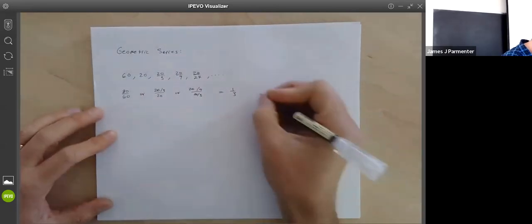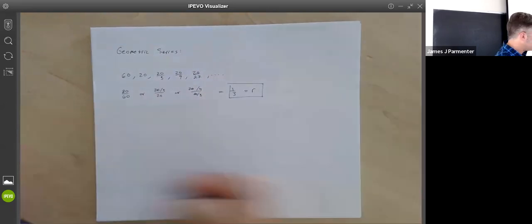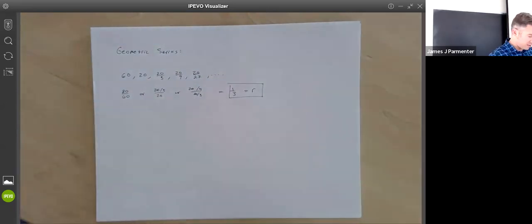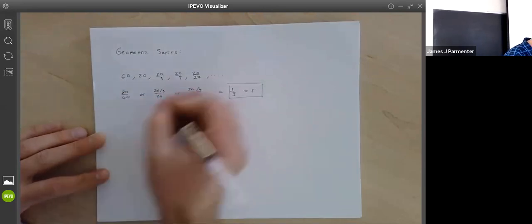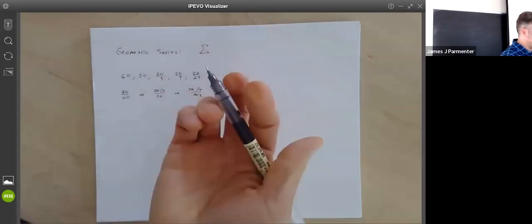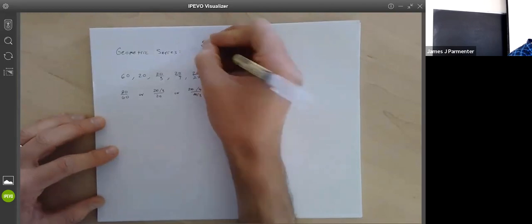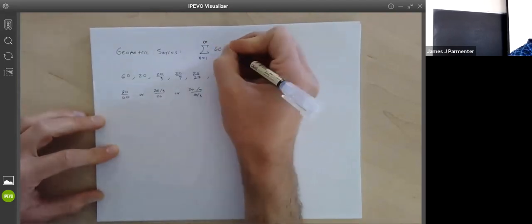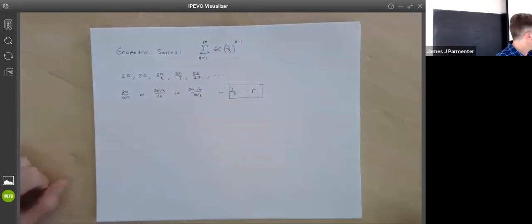So here, that is our ratio. And we would be able to see that this geometric series, I should say, this is actually the sequence. The geometric series would be the sum. And there's a lot of ways I could write this. I'm going to write it as the sum from n equals 1 to infinity of 60 times 1/3 to the n minus 1.